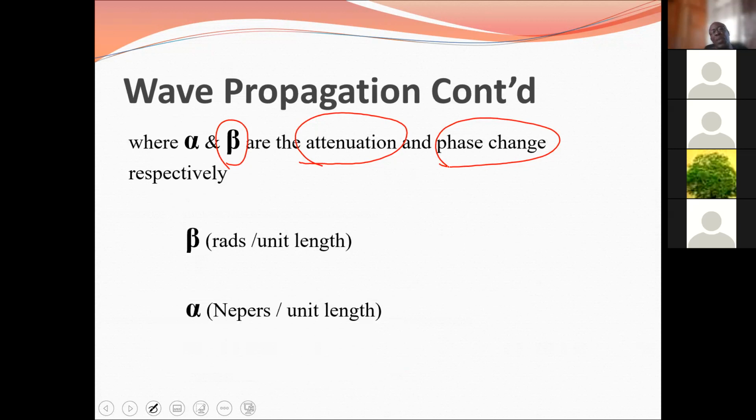So I'm just going to play around with what we have here. Beta is in radians per unit length.